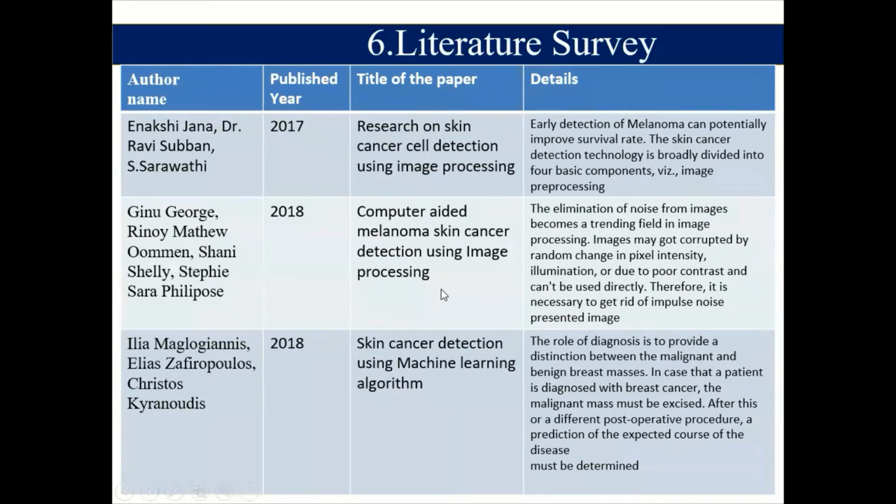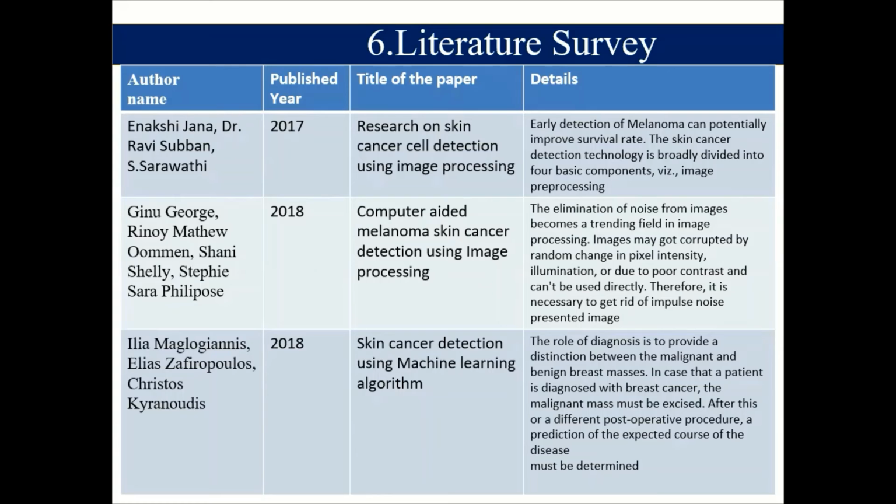So this is the literature survey. In the year 2017, Enakshi Jana, Dr. Ravi Subban, and S. Saraswati released a paper on research on skin cancer cell detection using image processing. Here, they made use of segmentation algorithms such as k-means, threshold in histogram, etc., feature extraction from the segmented image, and classification of the image from the feature set extracted.